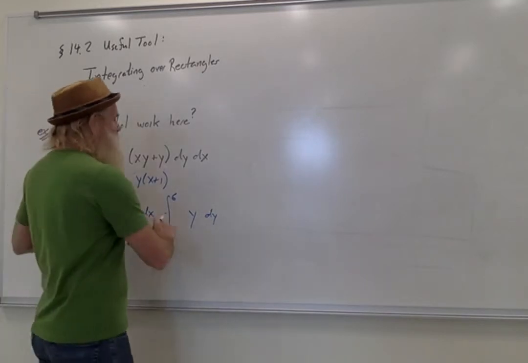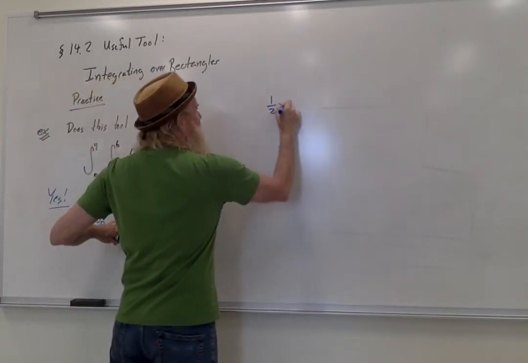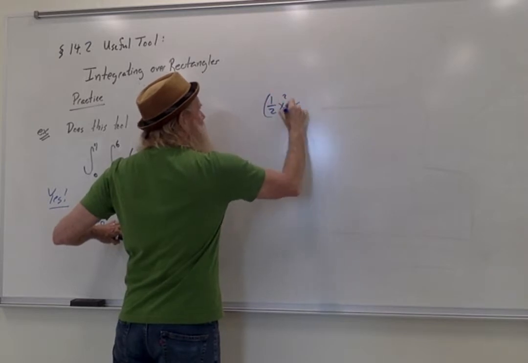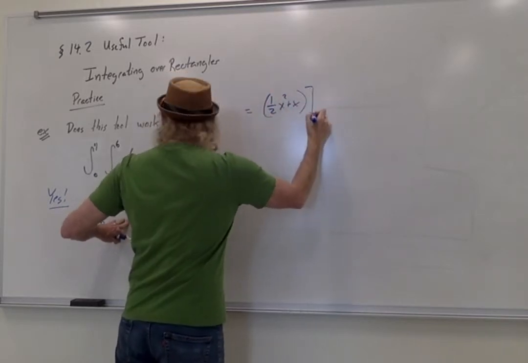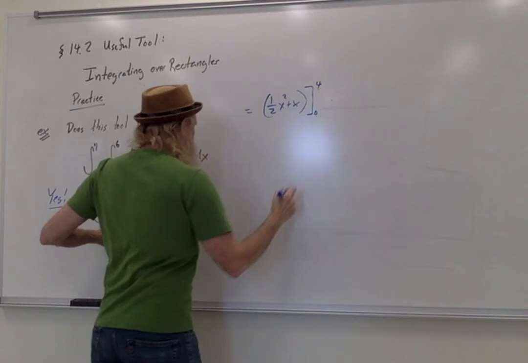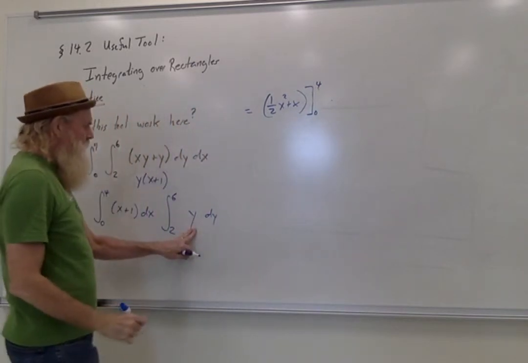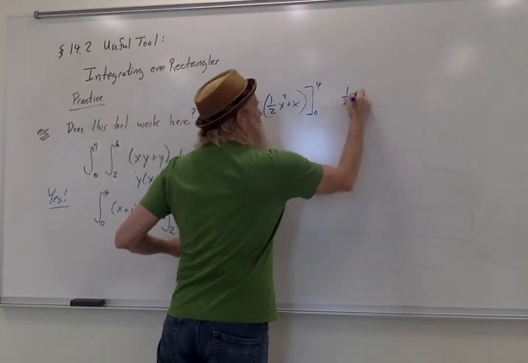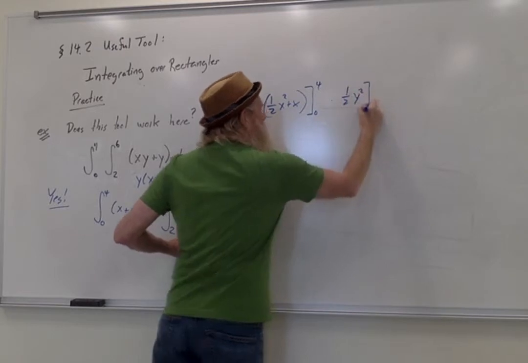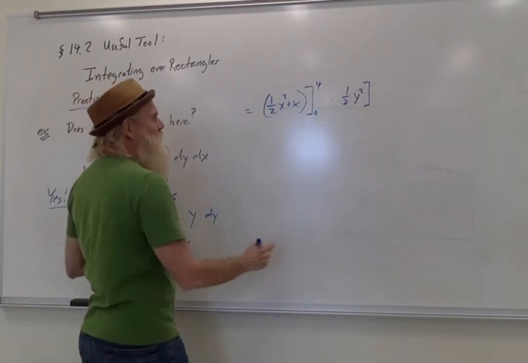Integrating x plus 1 with respect to x, I get a half x squared plus x, and that'll be taken from 0 to 4, multiplied by the integral of y, which is a half y squared, and that's taken from y equals 2 to y equals 6.